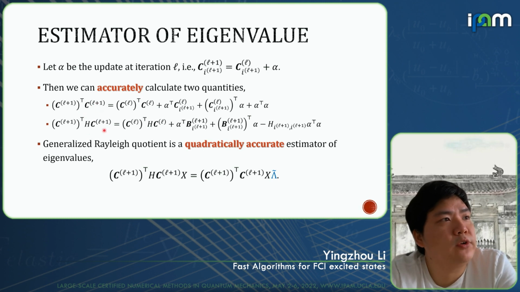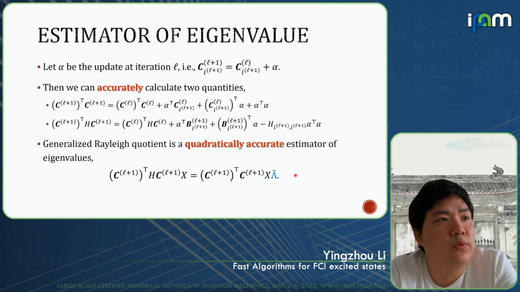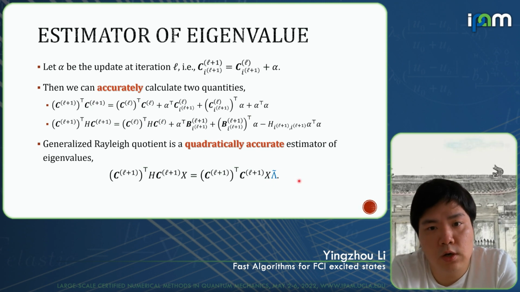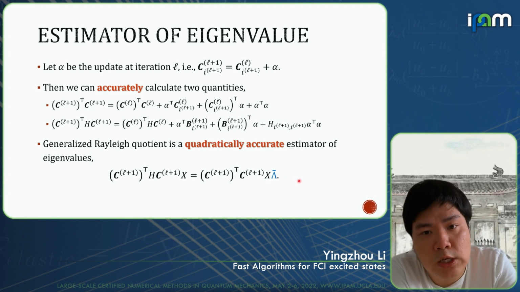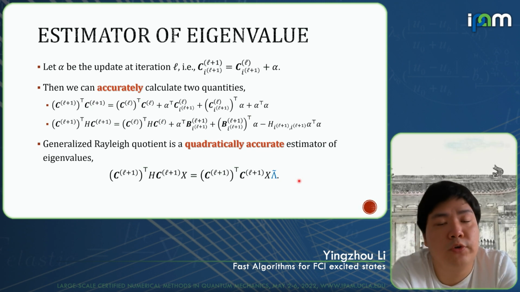Then, when we have numerically accurate quantities, we can do generalized Rayleigh quotients by solving such a generalized eigenvalue problem, and then we can get a quadratically accurate estimation of the eigenvalues. This also becomes important if you just want to solve the FCI problem for eigenvalues, because our eigenvalue is quadratically accurate during the iteration.